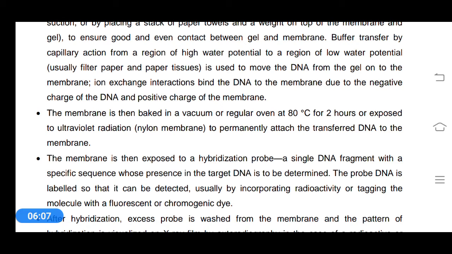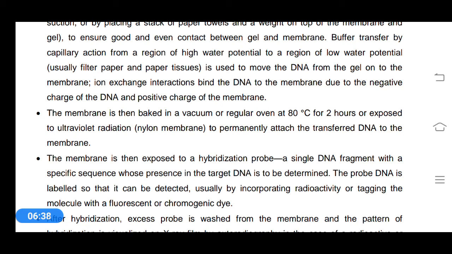We add a radio labeled probe and treat the nitrocellulose paper with the probe. A single DNA fragment with the specific sequence whose presence in the target DNA is to be determined is used. This probe will identify the suitable DNA fragment and bind to that particular DNA fragment.